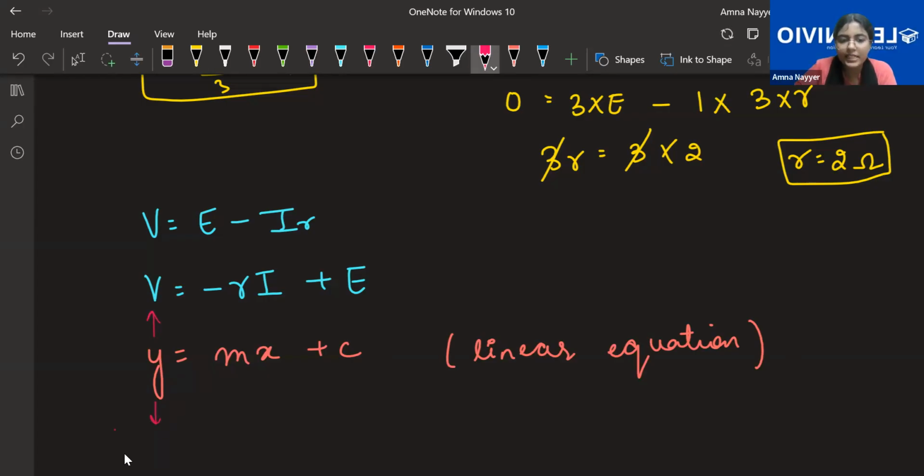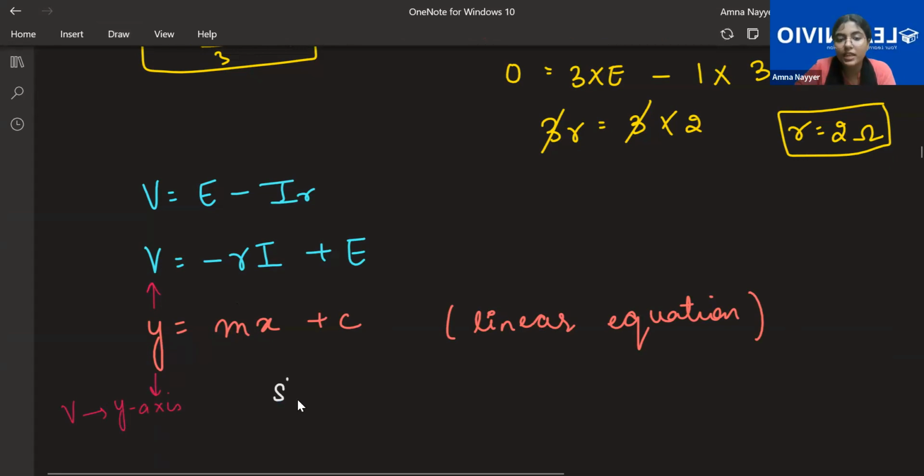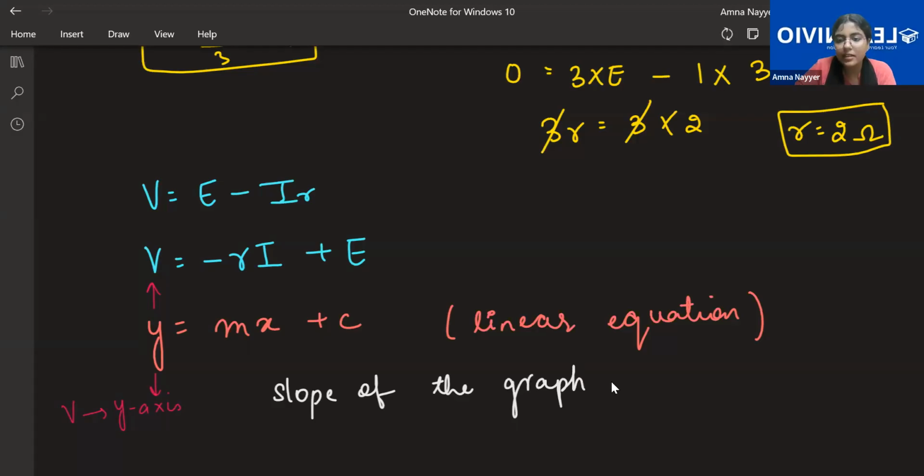So we have voltage on the y-axis. This is correct. M is basically representing the slope of the graph. So the slope of the V versus I graph, in this case terminal potential difference, will be R. No need to put minus because resistance can never be negative, so you have to take its modulus. You can directly say which is internal resistance.